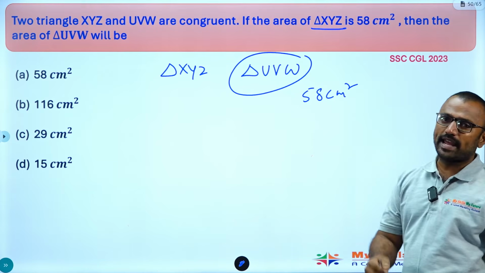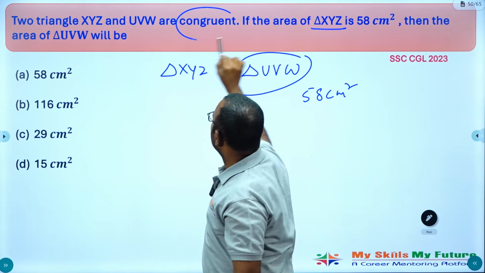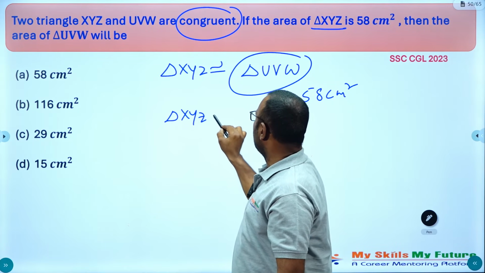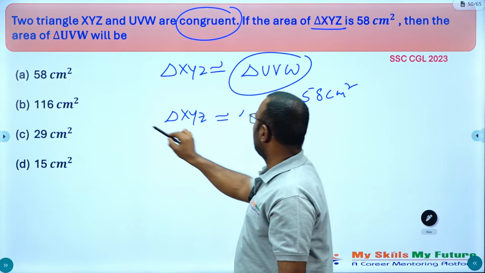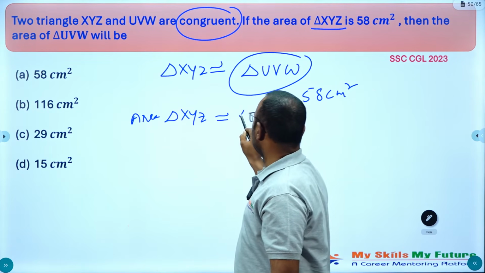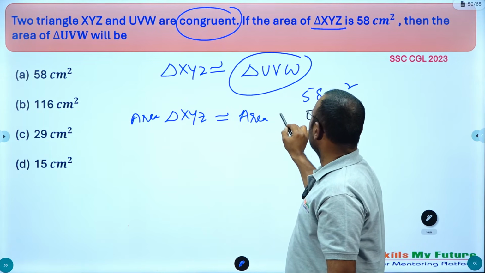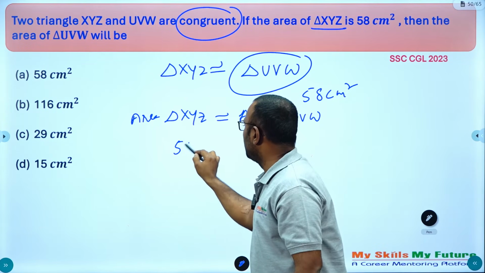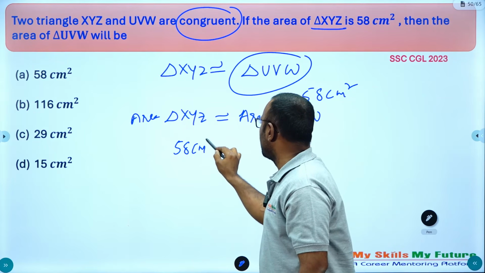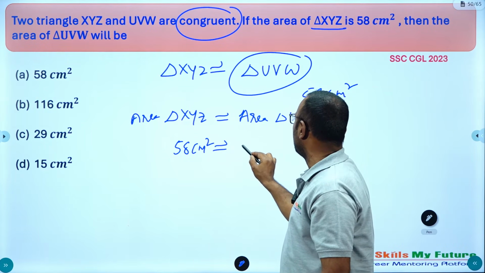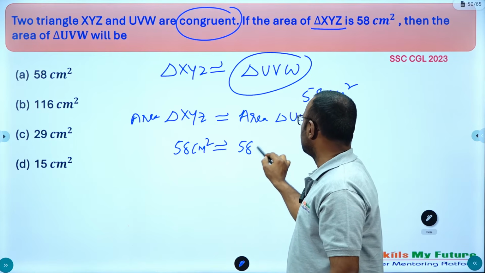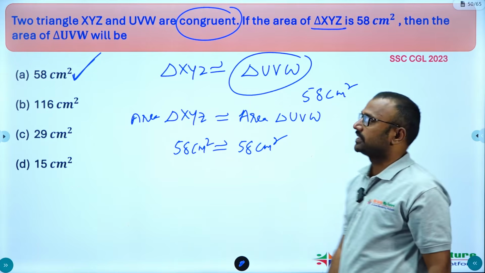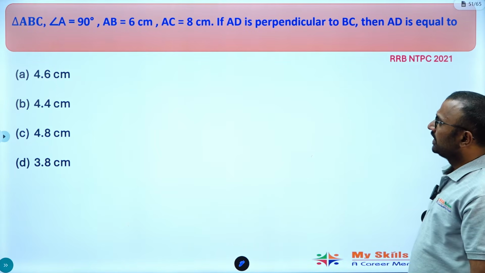If you see, the two triangles are congruent, which means they are equal, then the area of XYZ is equal to the area of triangle UVW. Here they have given 58 centimeter square, so it is also equal to the area of UVW, 58 centimeter square. Option A is correct.